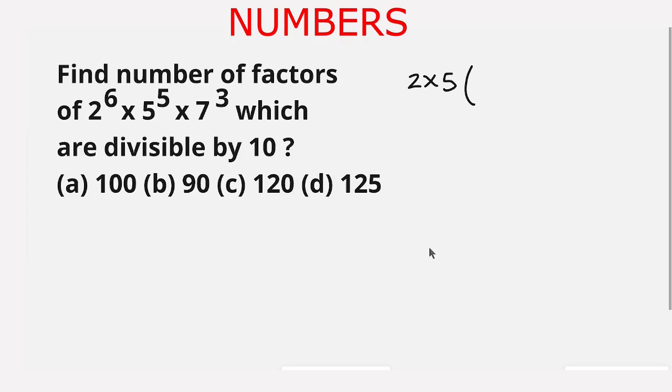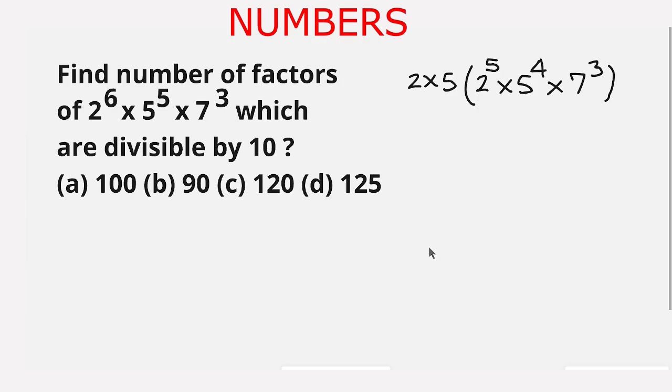After taking one 2 out of 2^6, the remaining power of 2 is 2^5, multiplied by, after taking one 5 from 5^5, the remaining power of 5 is 4. So it is 5^4 × 7^3.